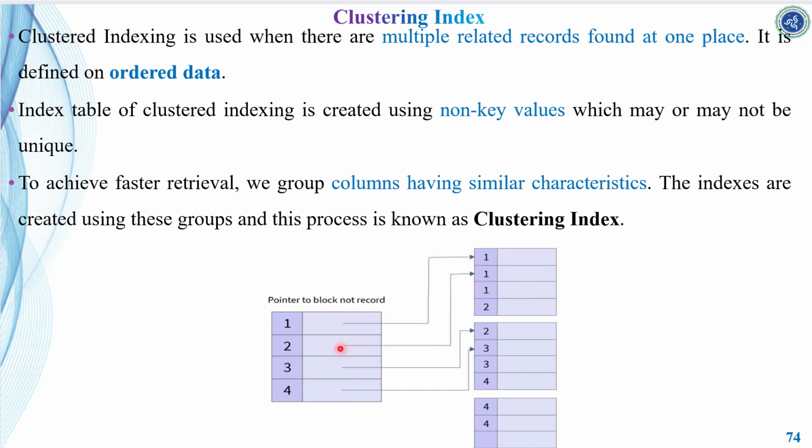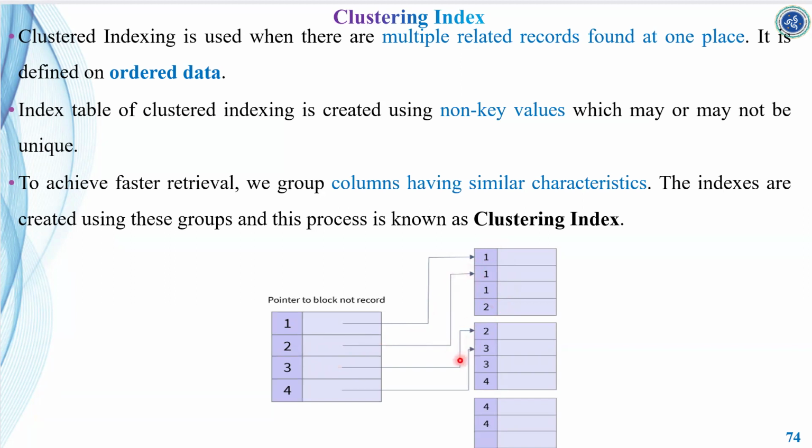Here the field value 2 is again stored in block number 1, so again the pointer will be pointing to the same block.